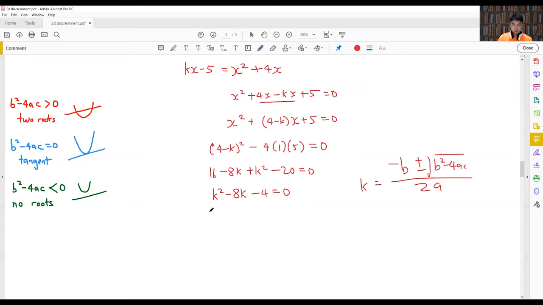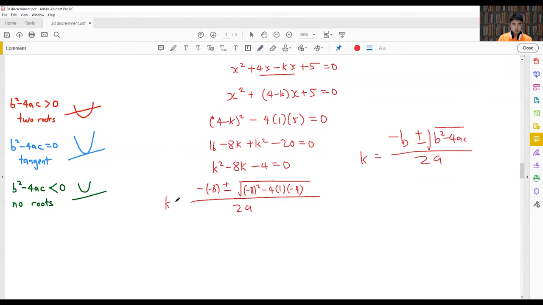Okay, so substituting in negative (negative 8) plus minus the square root of (negative 8) squared minus 4ac, over 2a. Then simplifying this equation, k should equal 8 plus minus the square root of this number, 64 plus 16, so it's 80, over 2a.